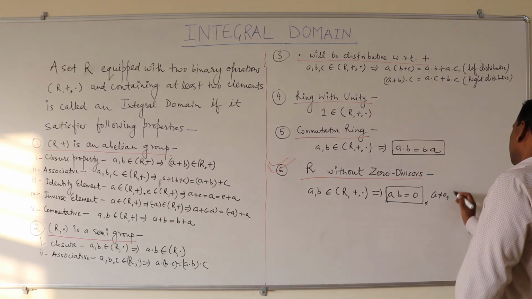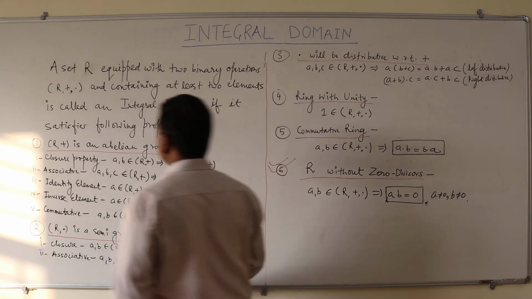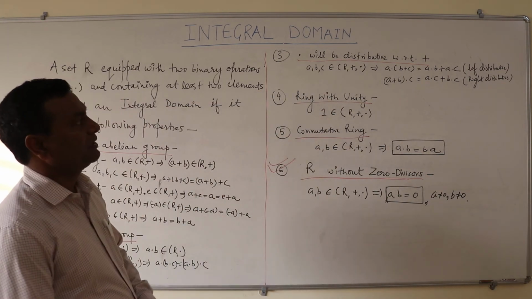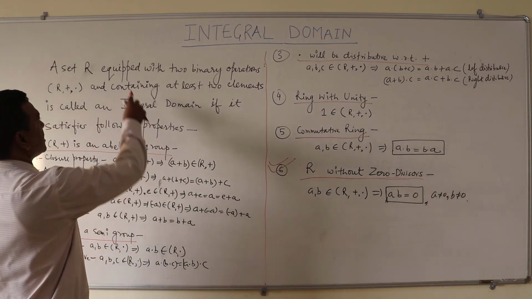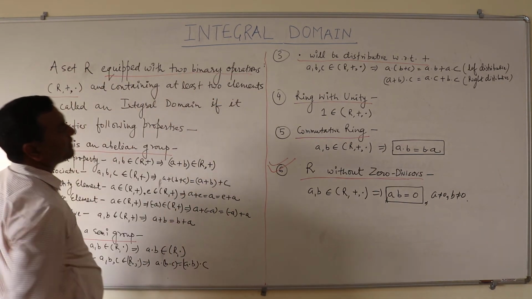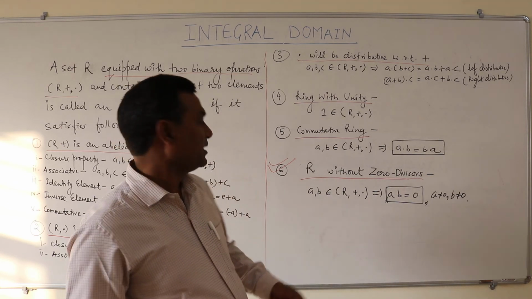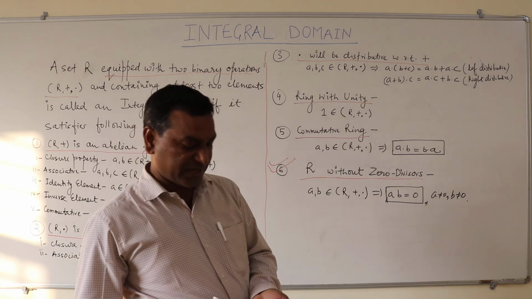A not equal to 0 and B not equal to 0. So we can say any set that is equipped with two binary operations and containing at least two elements is said to be an integral domain if it is satisfying these six properties.